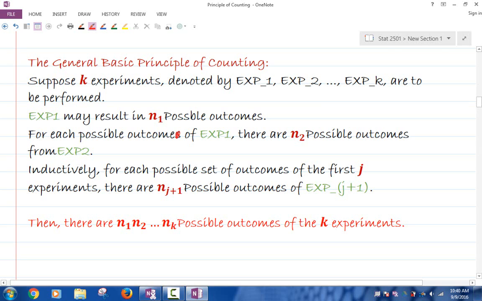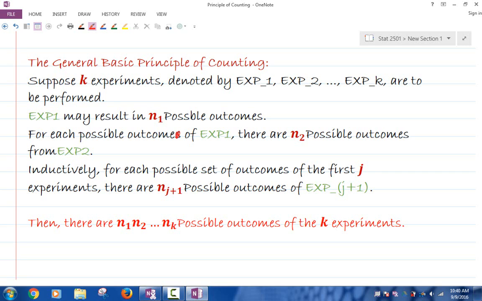Inductively, for each possible set of outcomes of the first j experiments, there are n(j+1) possible outcomes of experiment j plus 1. Then there are n1 times n2 times nk possible outcomes of the k experiments.